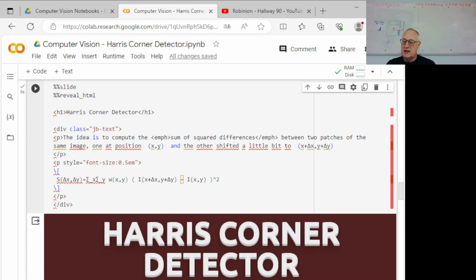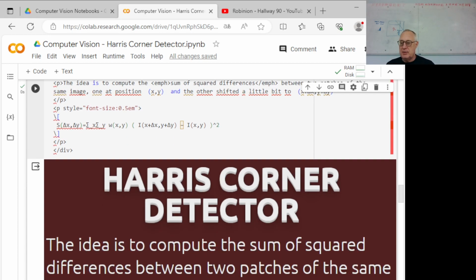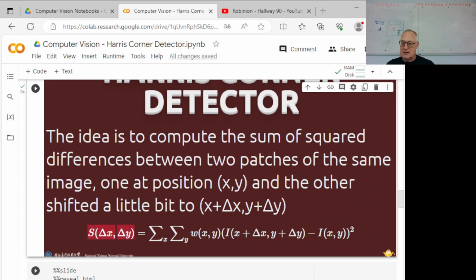So we sum up over the x and y's of our windowing function, and we take either the intensity or the red, green, blue components of the image at x plus delta x, y plus delta y, and we subtract from it the intensity at x and y. So that's how much change we got, and then we square it and sum them all up. Square it to make sure that they're all positive, and then sum them up.